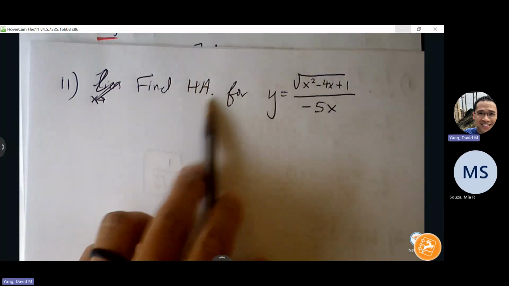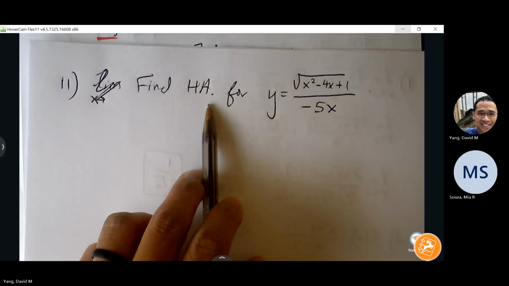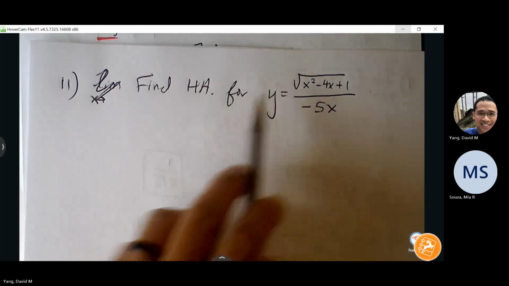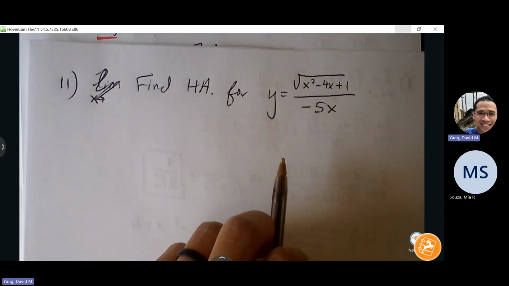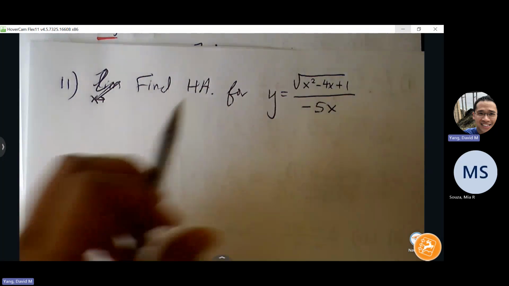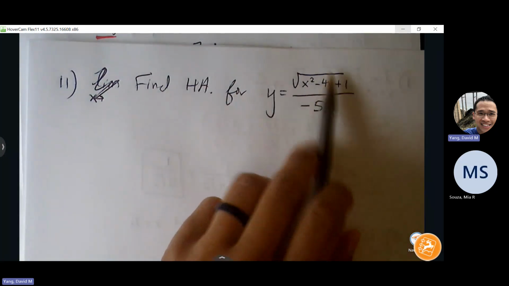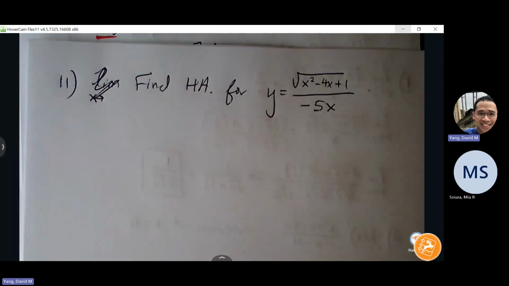Anytime we want to find the horizontal asymptote, that's the same thing as doing what? Finding the limit as x approaches what? Infinity and -infinity, right? And what do you notice about this problem that's a little bit strange in terms of asymptotes? Square root, which means that there's potentially what? How many asymptotes? Two, right? There could be that split asymptote going on.